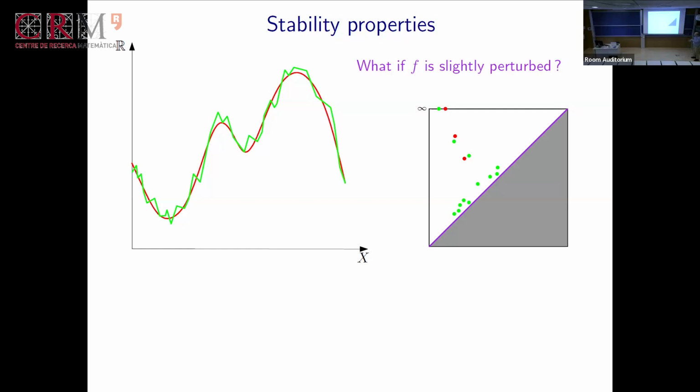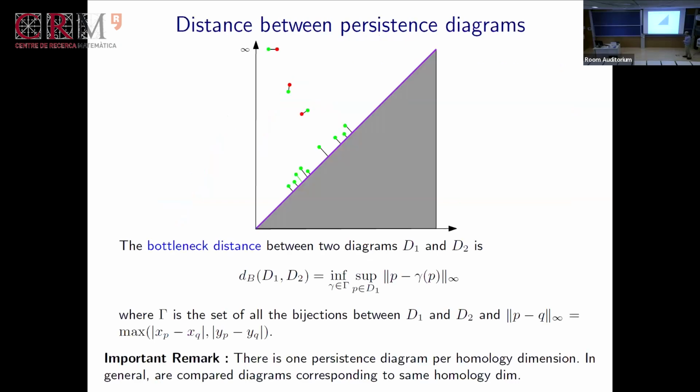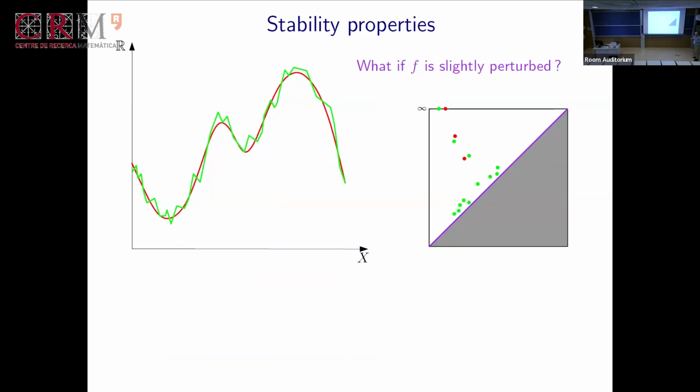So in some sense, it seems that, at least on this example, if I perturb my function a little bit, I move the points of the persistence diagram a little bit, and if I add some points, they are close to the diagonal, so they have small persistence. When we talk about the persistence of a point or a topological feature, we are talking about the length of its corresponding interval.